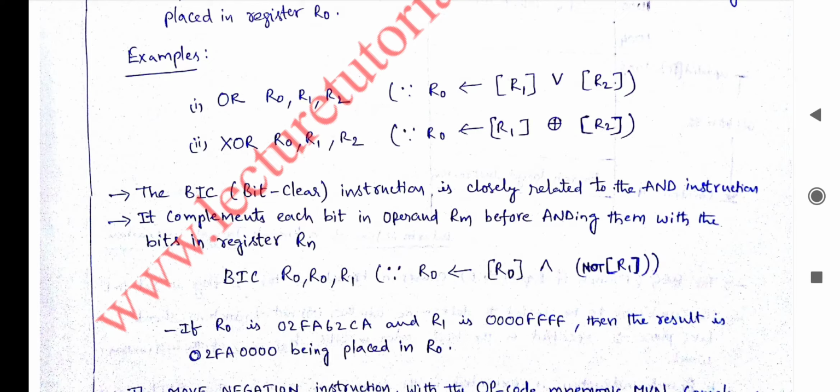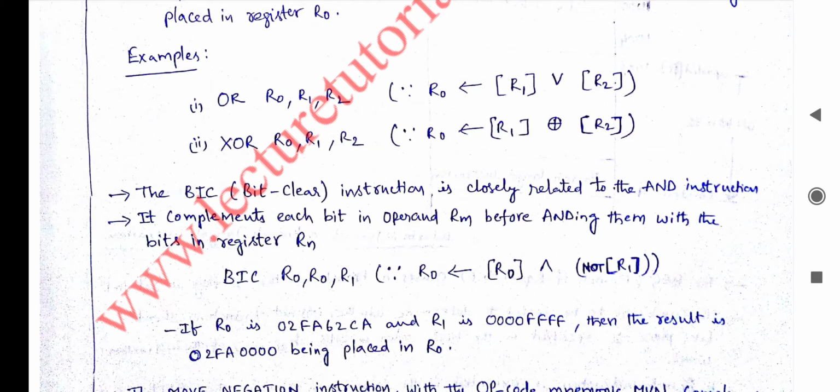If R0 is 0x02FA62CA and R1 is 0x0000FFFF, these are the contents stored in register R0 and register R1, then the result is 0x02FA0000 placed in R0.